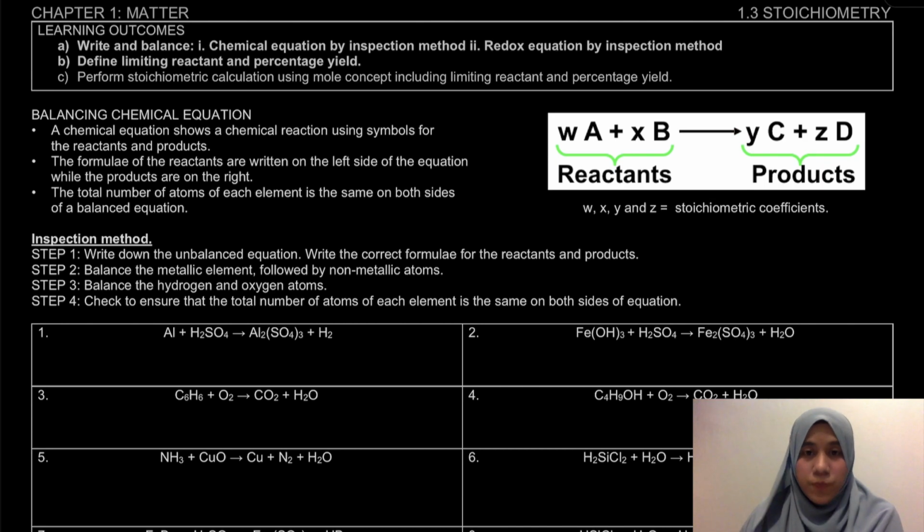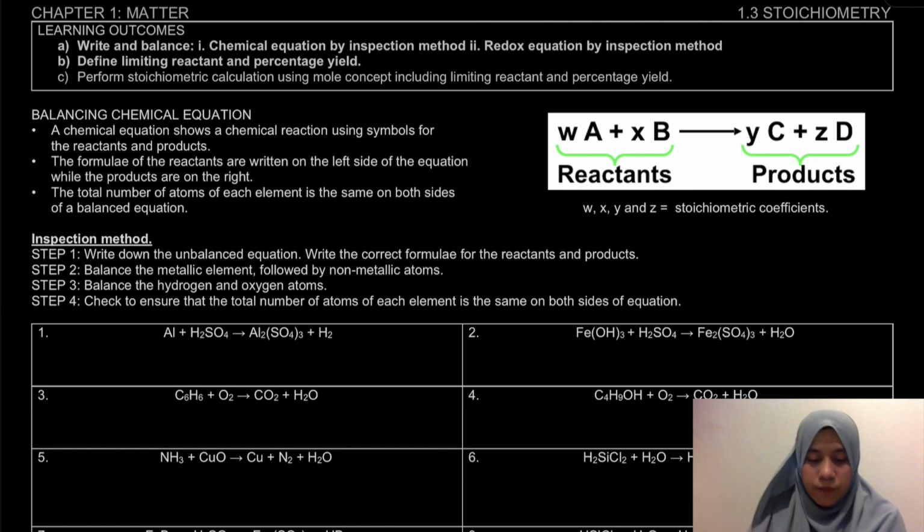Okay, so for the inspection method, first and foremost, write down the unbalanced equation and write the correct formula for the reactants and product. Number 2 is balance the metallic element followed by non-metallic atom. So maknanya, kalau metal, transition metal tu kita balancekan dulu.